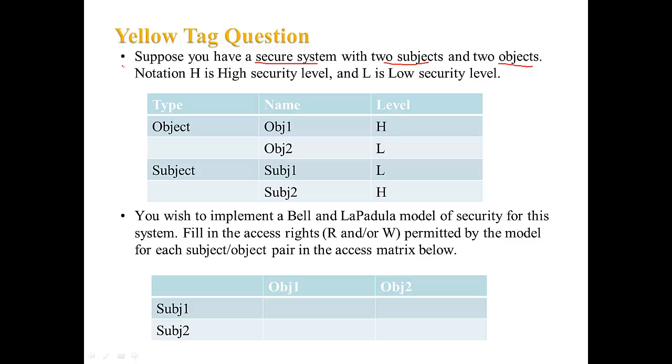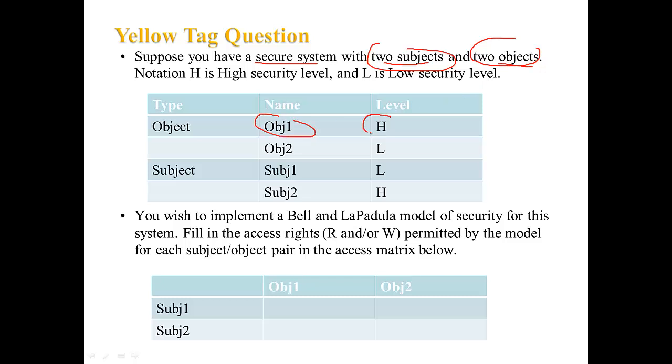This shows another practice problem. In this problem, we suppose that you have a security system with two subjects and two objects, and H is a high security level and L is a low security level. See here, we have object 1.